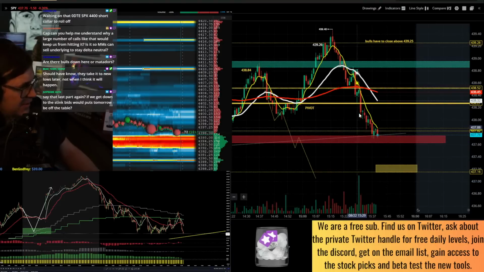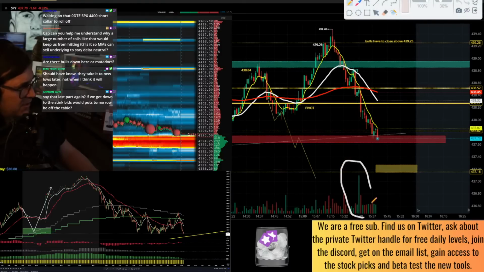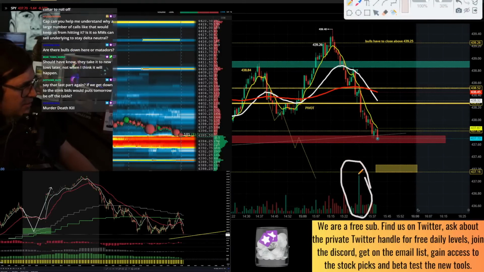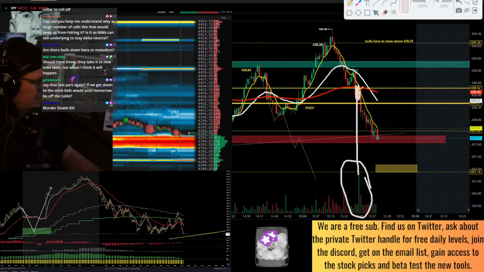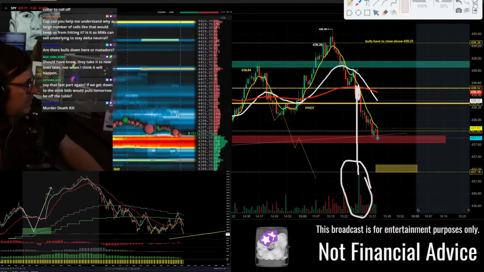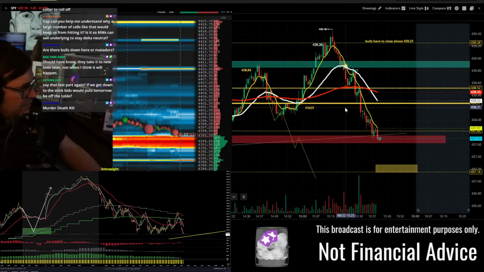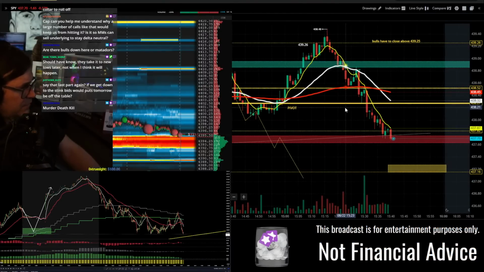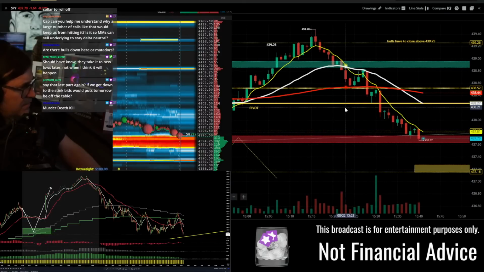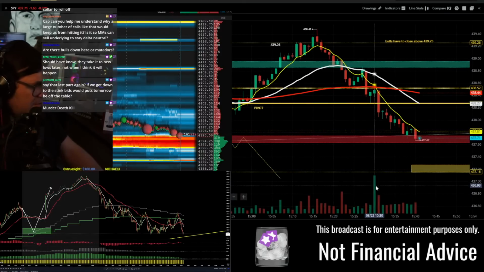Nice buyers right here. They came in and bought this too. There's a bunch of buying in here. It's that big green volume bar right here. They bought right here. You can see those green bars in there. What's that volume bar? 600,000.